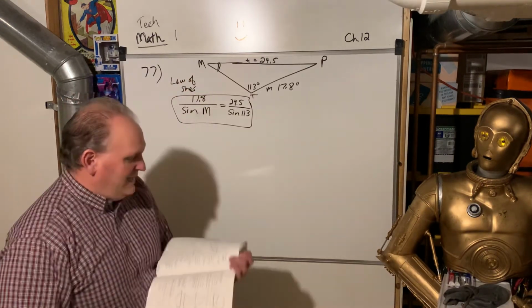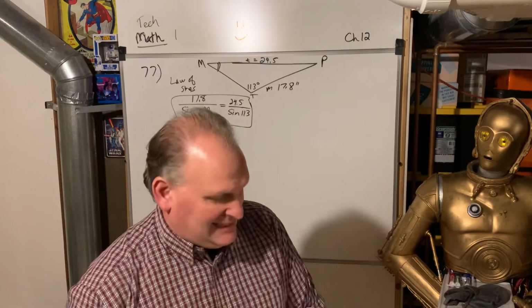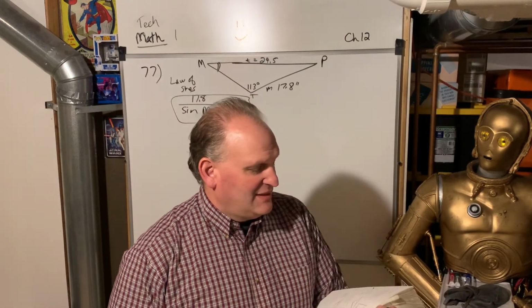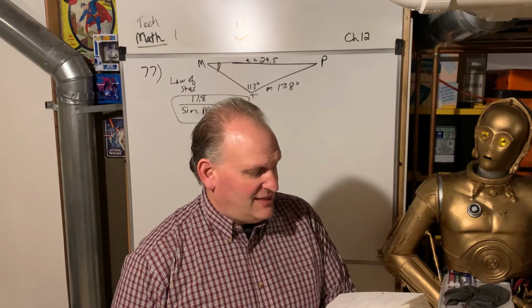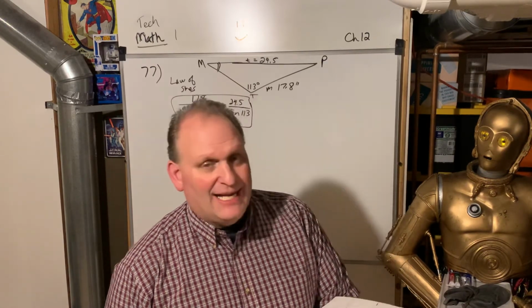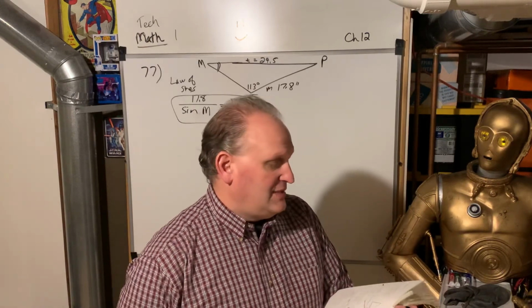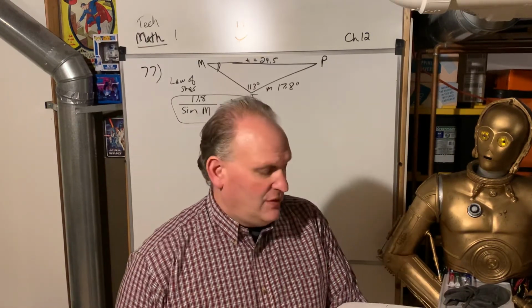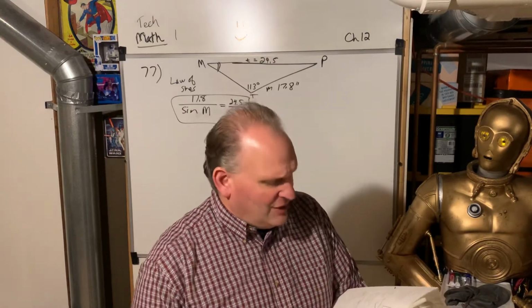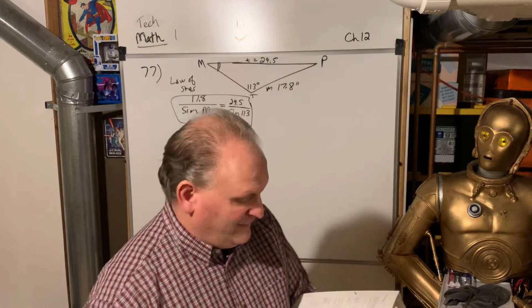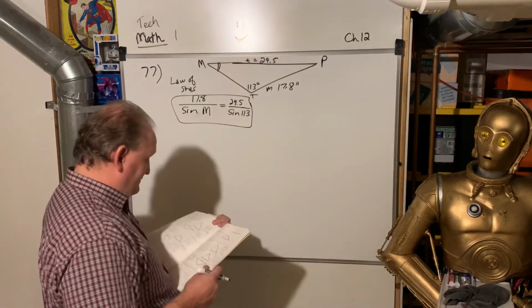I was looking at 76, where they wanted you to find the side opposite given two sides and only one angle. That one would be the law of cosines. So 76 would be the law of cosines, 77 would be the law of sines, and I just kept looking at the wrong one. So, all right.